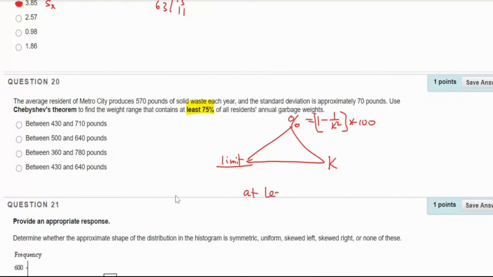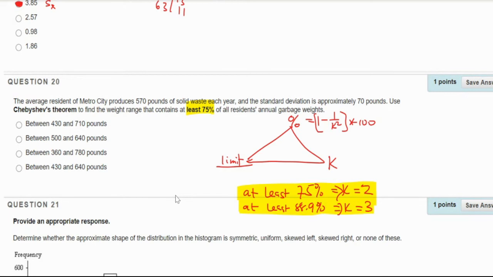If it says at least 75 percent, K equals 2. And the other one you should remember is at least 88.9 percent, which implies K equals 3. These two are very important because it's almost like an open book kind of test.